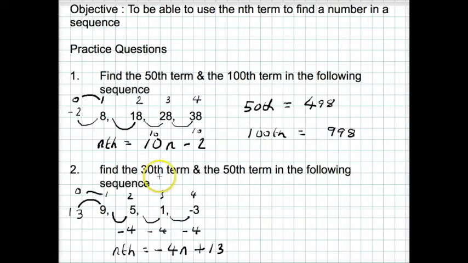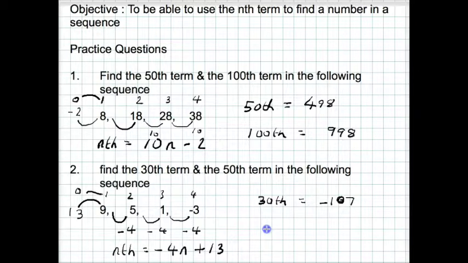Now all that's left to do is write in the terms that I need to find, the 30th term. So the 30th term, minus 4 times 30 is negative 120. Negative 120 add 13 takes me to negative 107.